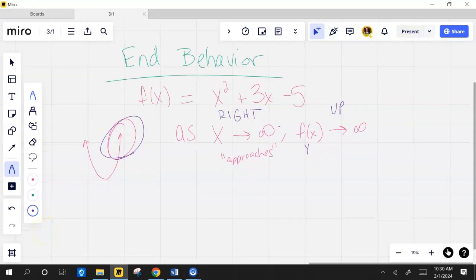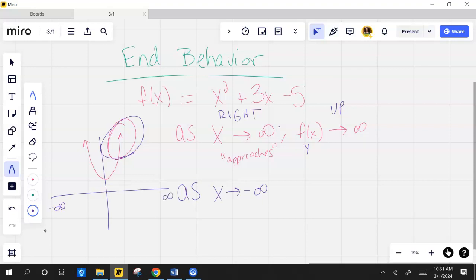All right. Now remember, I have two ends, right? So now I've got to go to the other end. As x approaches negative infinity, that means I'm looking on the left side of my graph, right? Because if this is my x-axis, this is negative infinity, this is positive infinity.